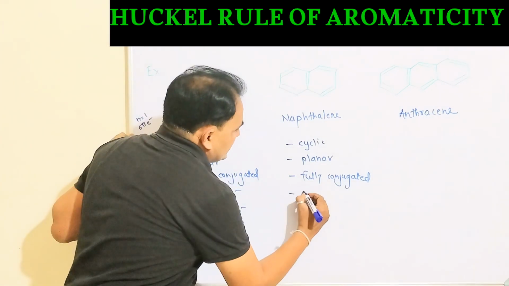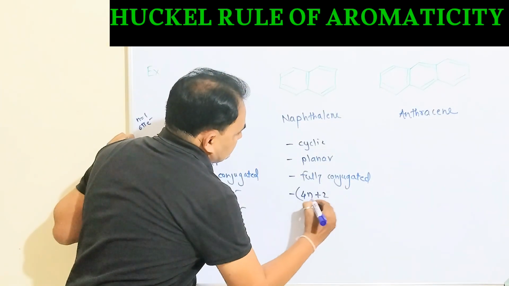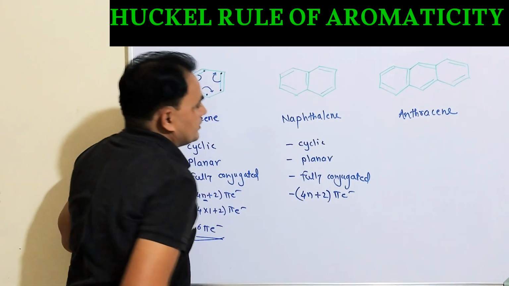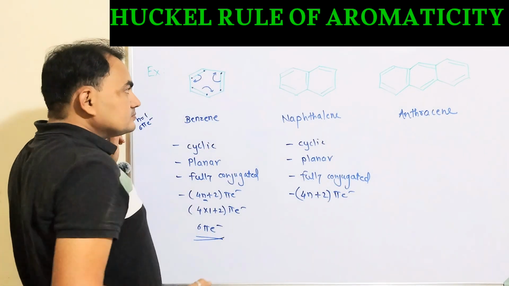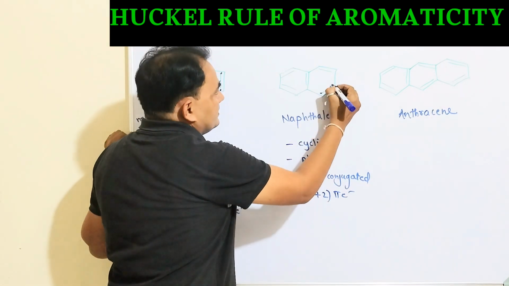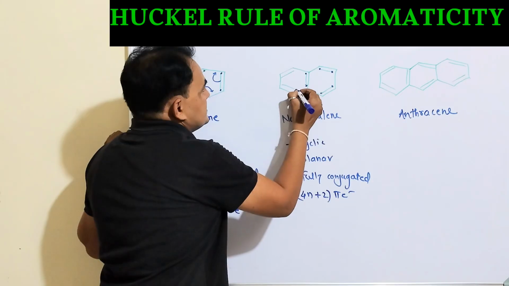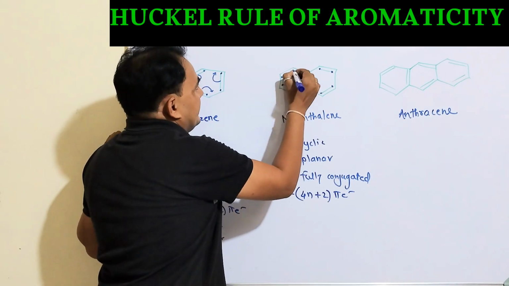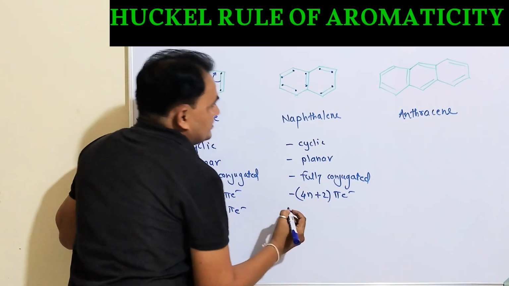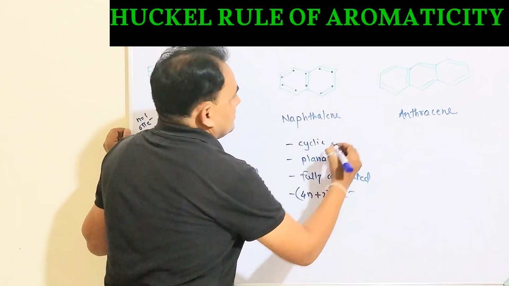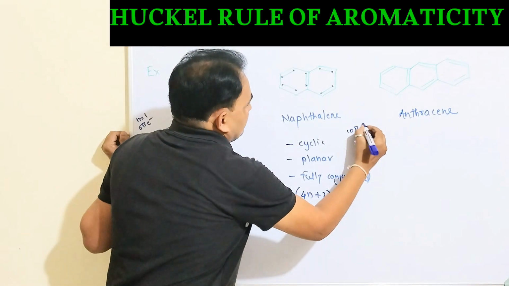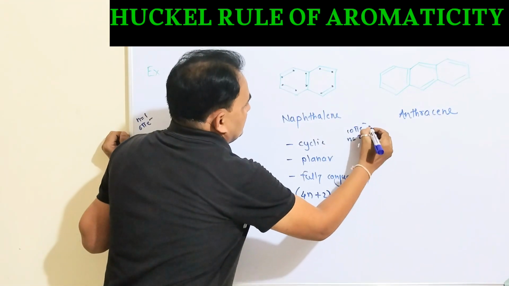And the fourth condition, 4n plus 2 pi electrons. When we see here, how many pi electrons are there? 1, 2, 3, 4, 5, 6, 7, 8, 9, and 10 pi electrons. For 10 pi electrons, n is equal to 2.